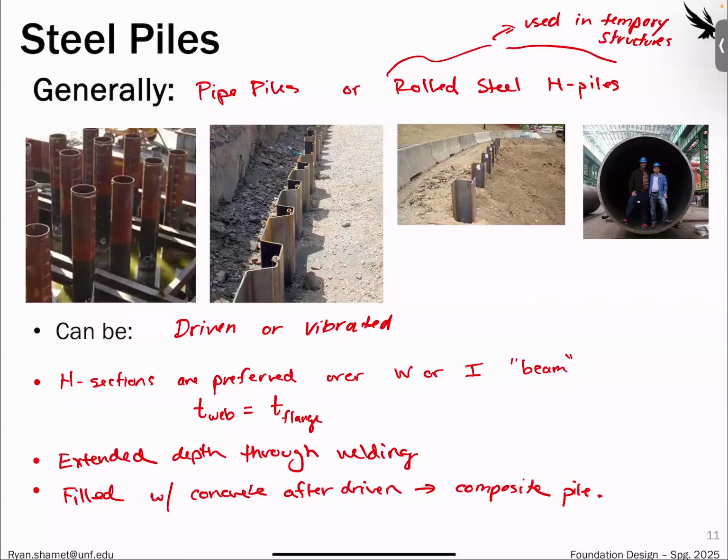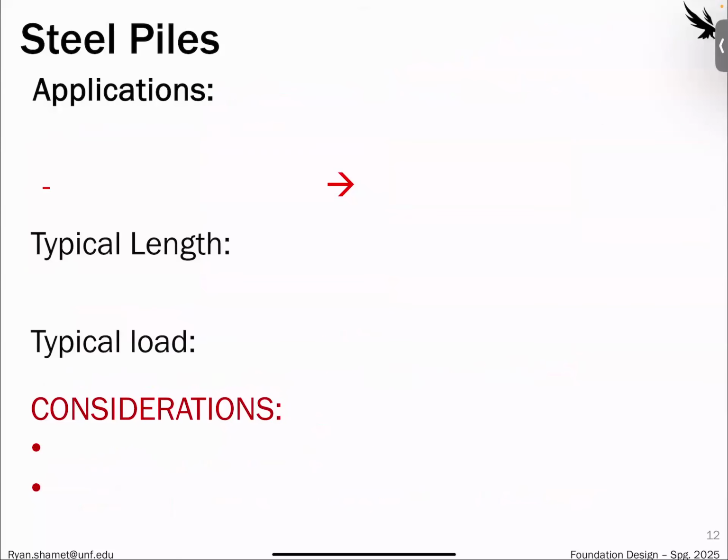So when it comes to applications of piles, a lot of times, as we said before, these are going to be used in fine-grained or organic soil. Now, you can use them in sandy soil and everything, but you have to be careful in larger grained soil, because if you have boulders or any significant things, when you're driving these piles through it or vibrating through it, it's either going to knock it off course or you're going to damage the pile itself.